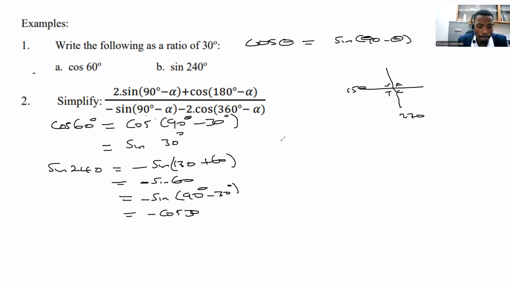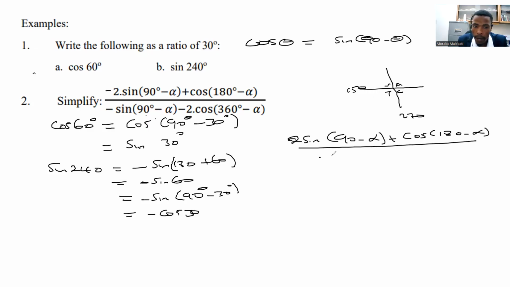Then now they say we need to simplify. You see that we have the co-ratios here. We need to simplify 2 sine of (90 minus alpha) plus cos of (180 minus alpha), divided by minus sine of (90 minus alpha) minus 2 times cos of (360 minus alpha).